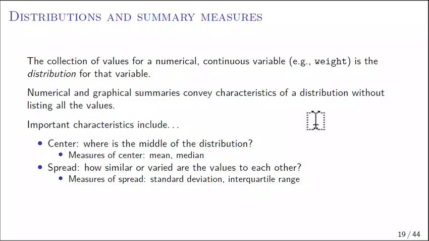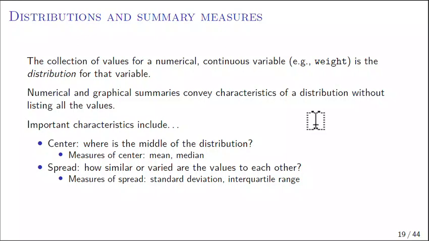You could understand the center as a very good representative for those many, many numbers. In statistics, we have two tools for that: one is the mean, the other one is the median.